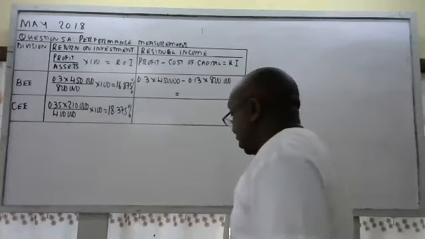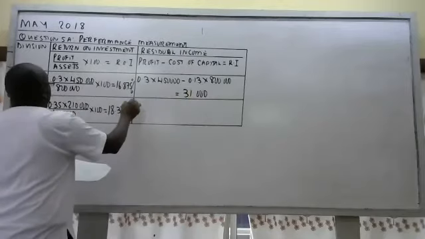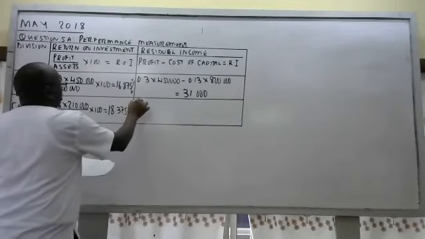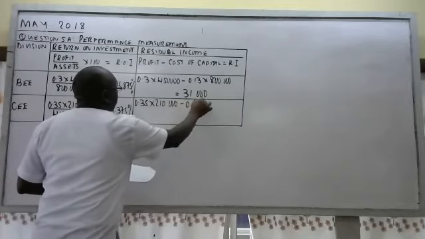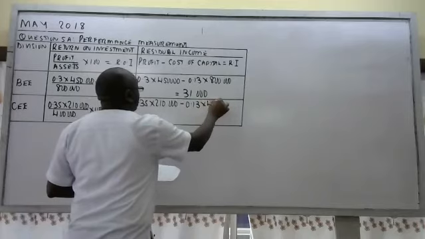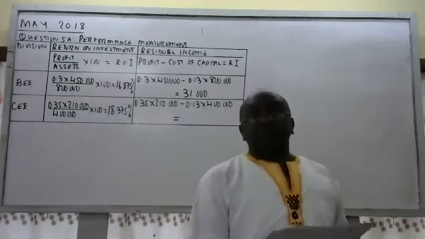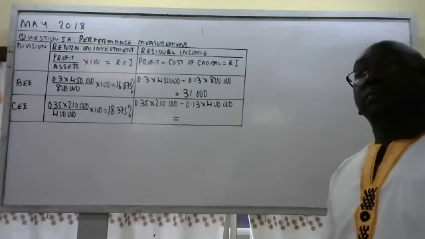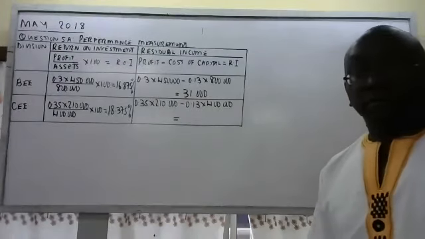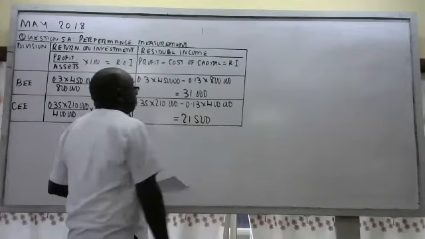Yes, I can see June and Royce saying that 1,000. Then this one will be 0.35 times 210 minus 13% of 400,000. 21,500.